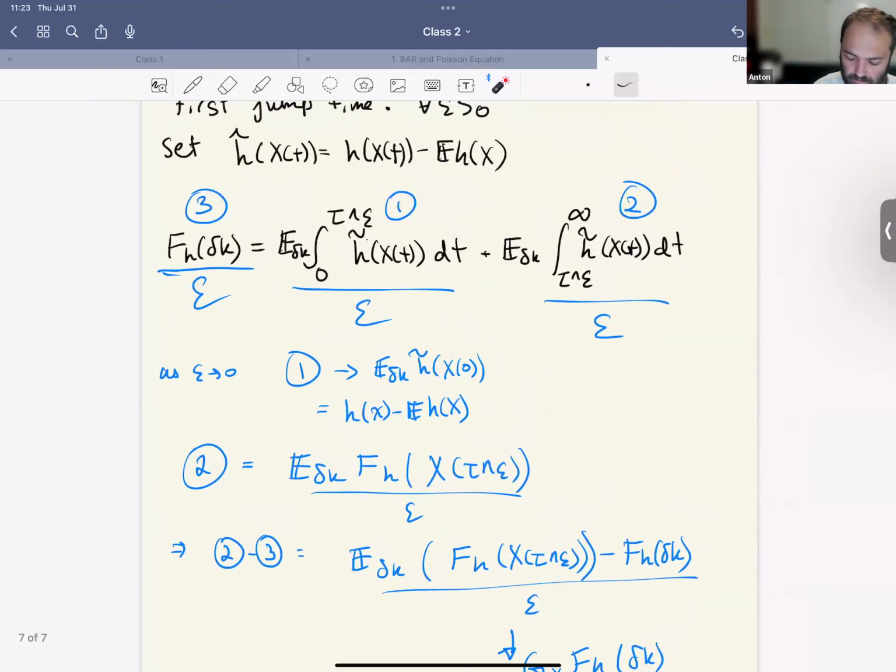And now I'm just going to do a change of variables, not a time change. So instead of starting, I know the value of x at tau minimum epsilon, so I can just shift everything. h tilde x of t given x0 equals x.